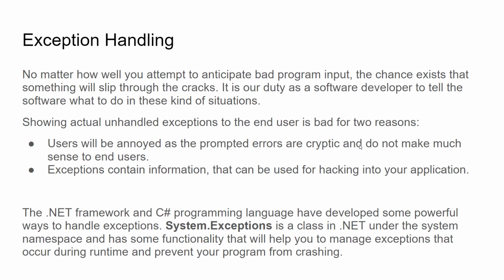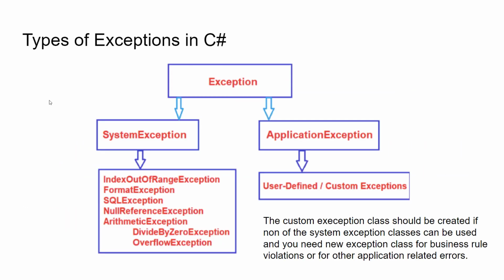Fortunately, the .NET framework has developed some powerful ways to handle exceptions. Under the System namespace, there's the Exception class that has functionalities to help you manage exceptions. Next, there are different types of exceptions in C#: system exception and application exception.